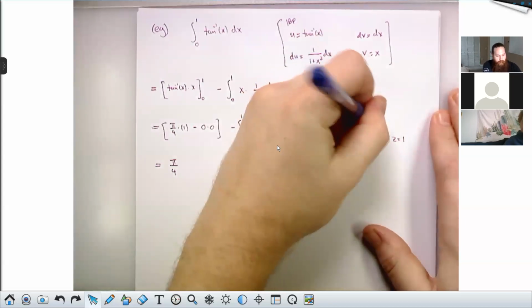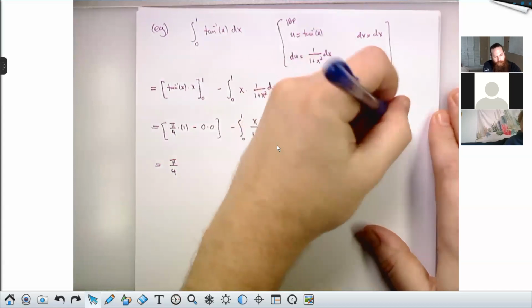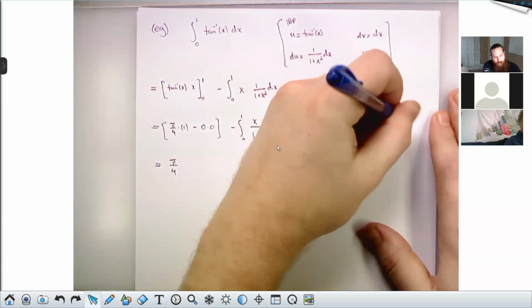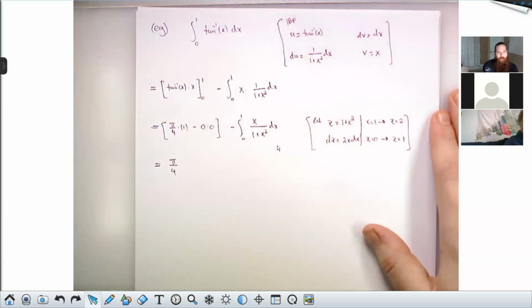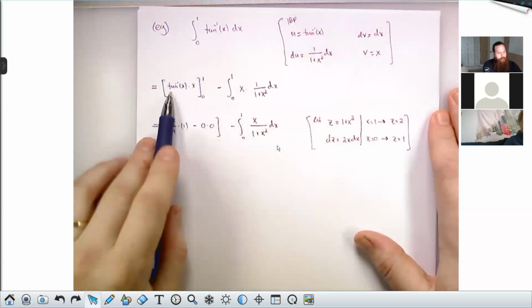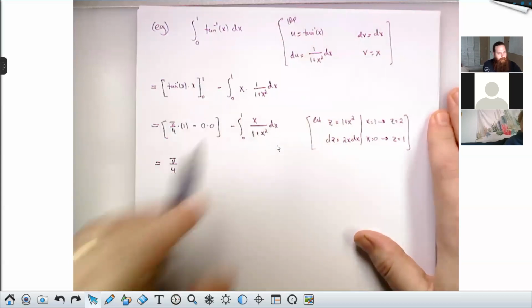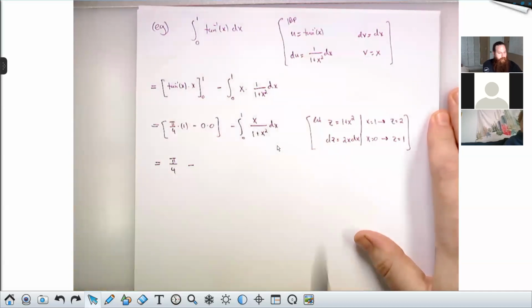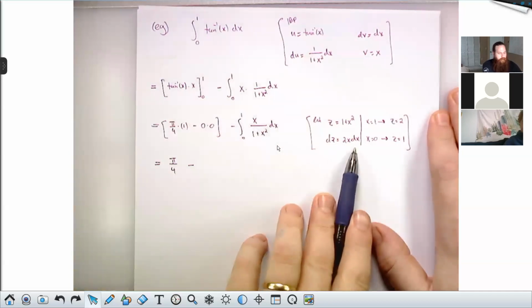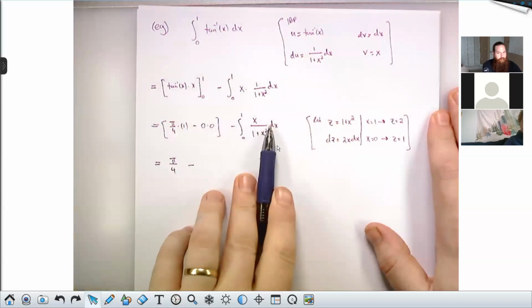And when x is equal to 1, z is equal to 1 plus 1 squared, that's 2. So there's my substitution. This first piece is just pi over 4. This integral under that substitution will be minus. I've got 2x dx here, and I've got x dx here.